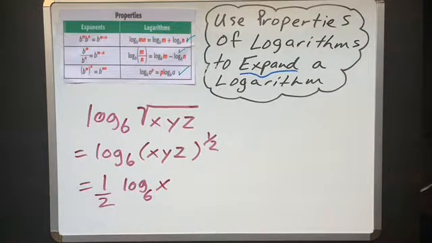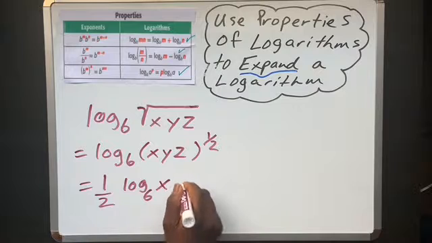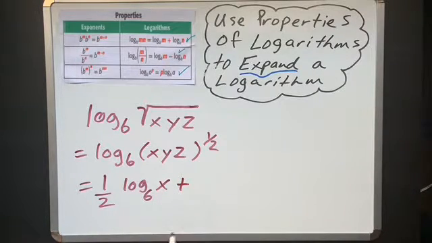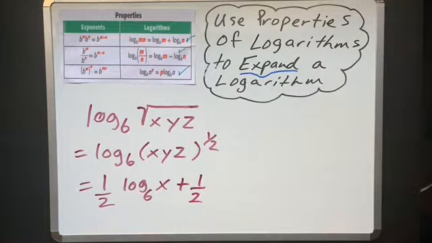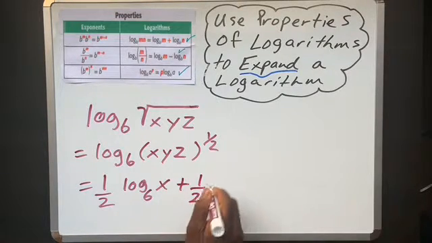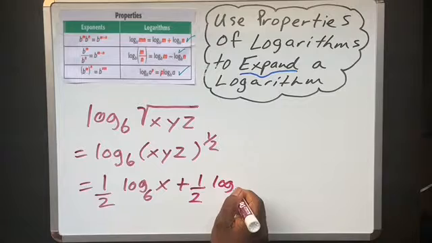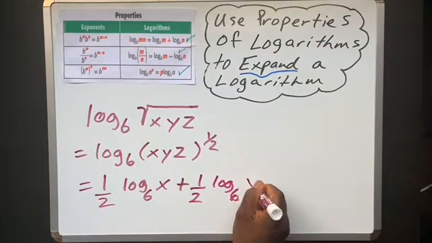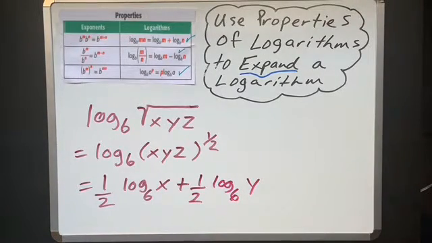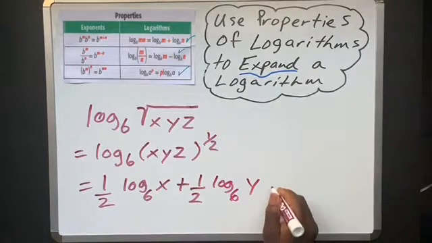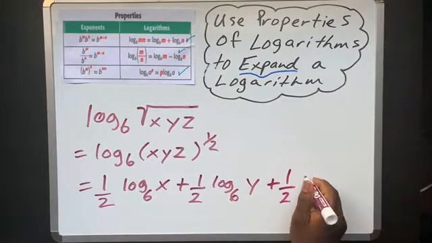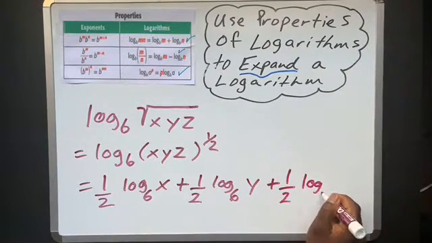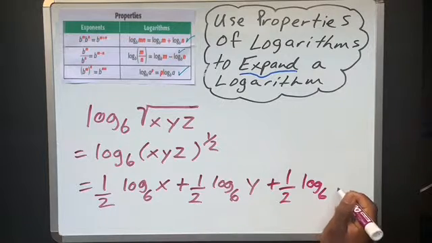And remember, now we're going to write plus, same thing, 1/2 log base 6 of y, right? Looking pretty good. And then we're going to write plus 1/2 log base 6 of z.